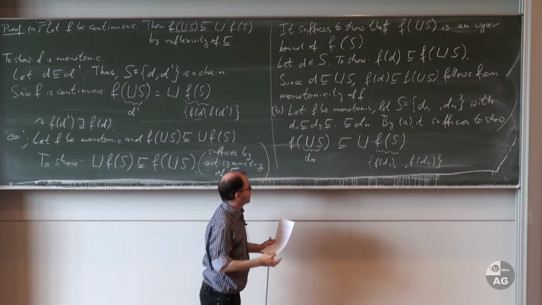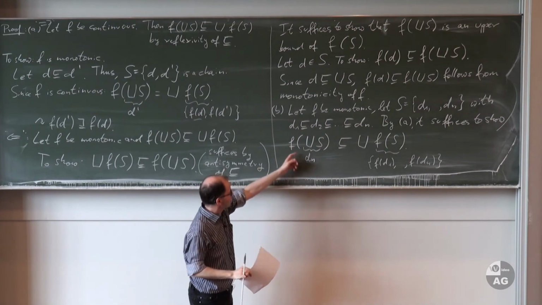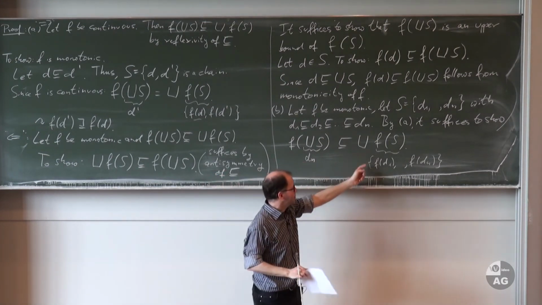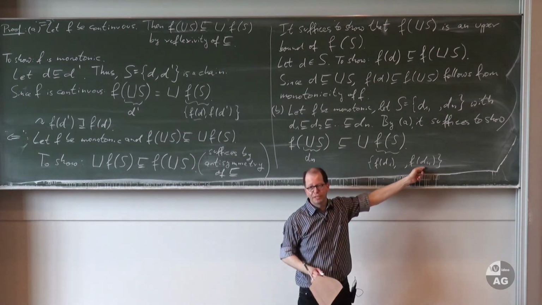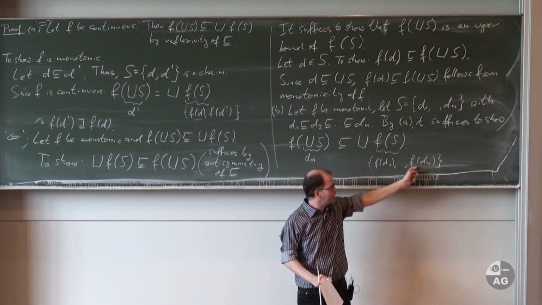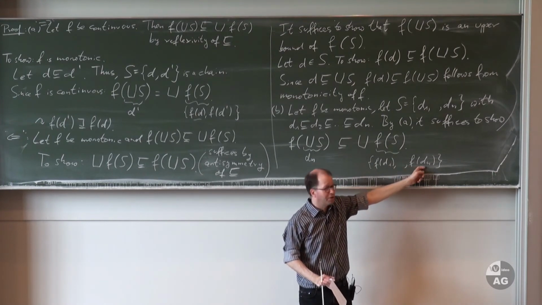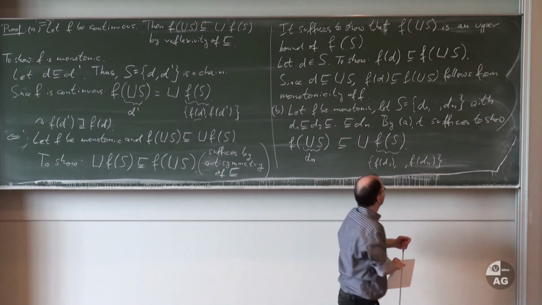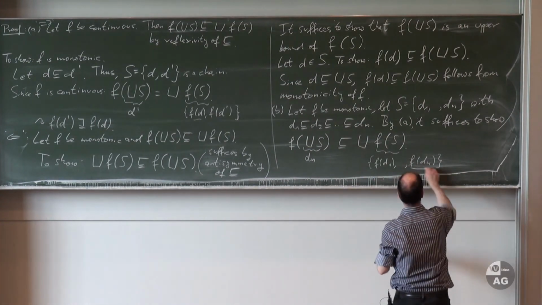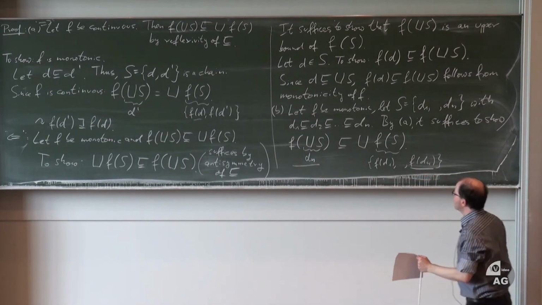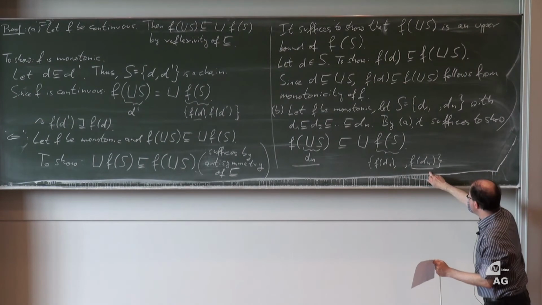So what we have to show is that F of Dn is smaller or equal to the least upper bound of a set which also contains F of Dn. Now that's trivial. The least upper bound of such a set must be greater or equal to every element in here, so also greater or equal to F of Dn.